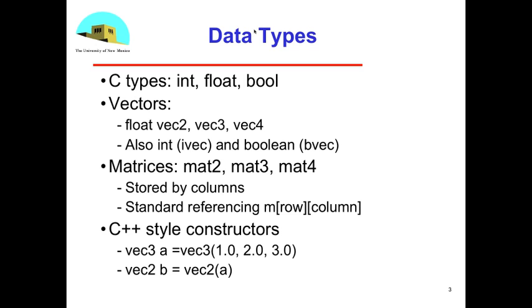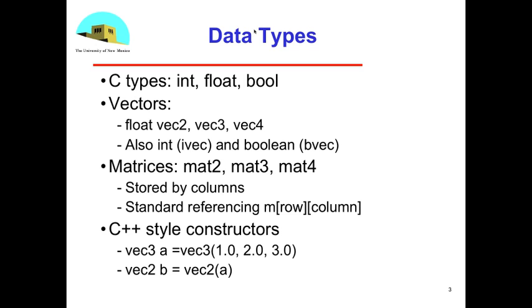They're stored by columns. This will be an issue we discuss in the text: the OpenGL standard for storing by columns sometimes comes in contradiction with what you're used to in languages like C, and you'll have to do some switching.